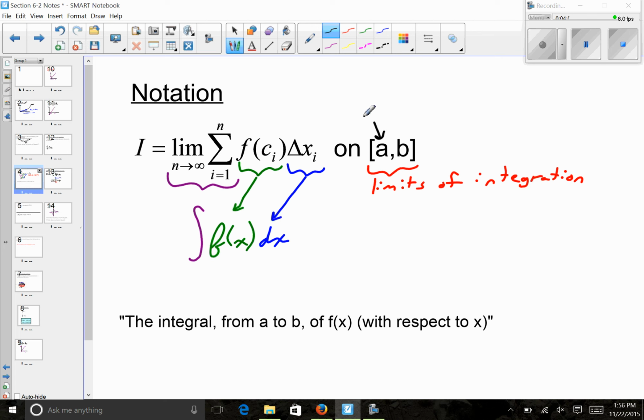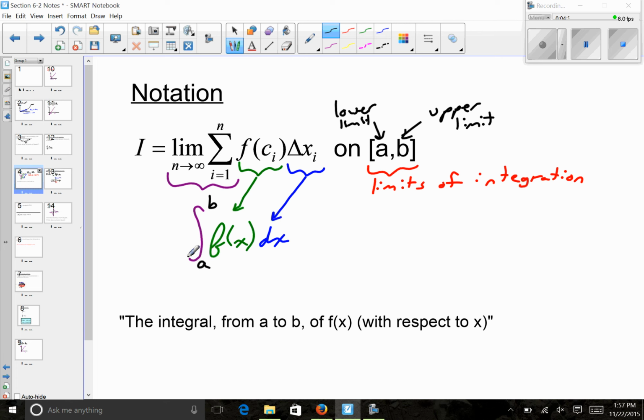The first is the lower limit, which makes sense because the lower limit is going to go at the bottom of my s. Well, bottom and a little bit to the right, kind of like a subscript. Then b would be the upper limit, which will go up at the top, almost like a superscript for the s.